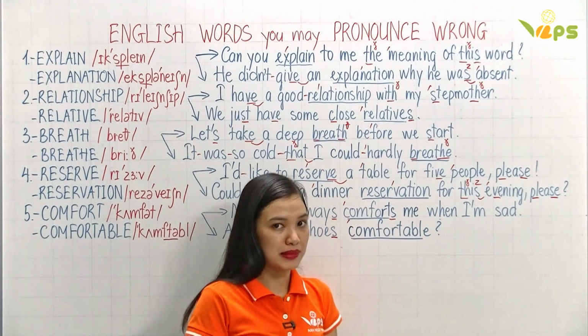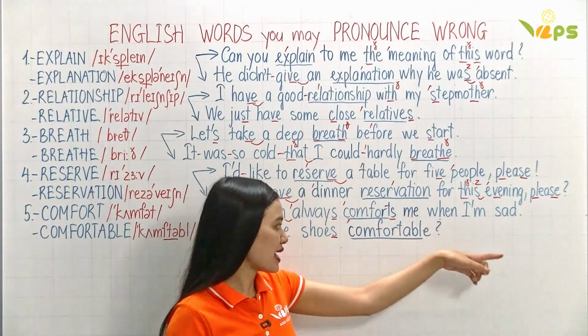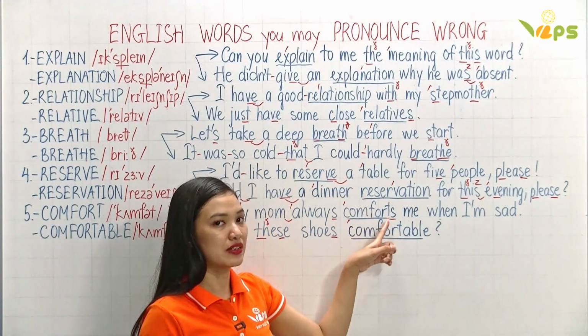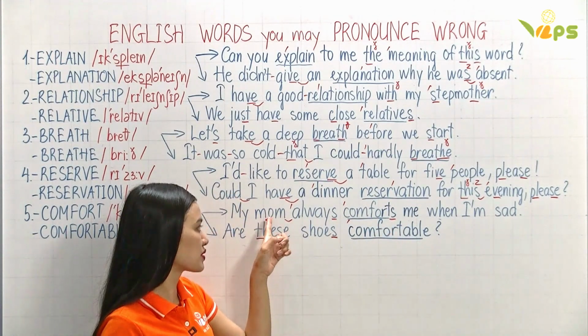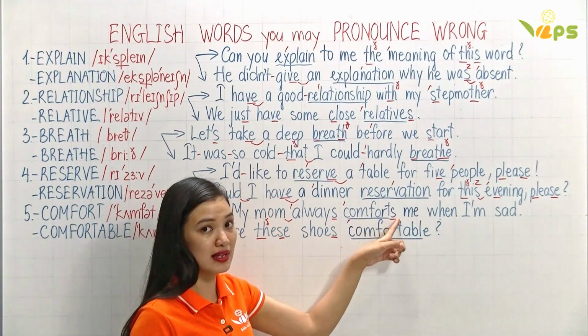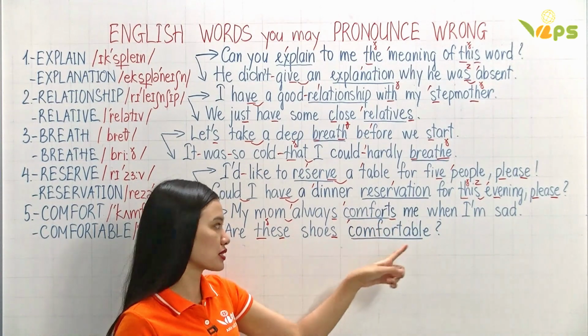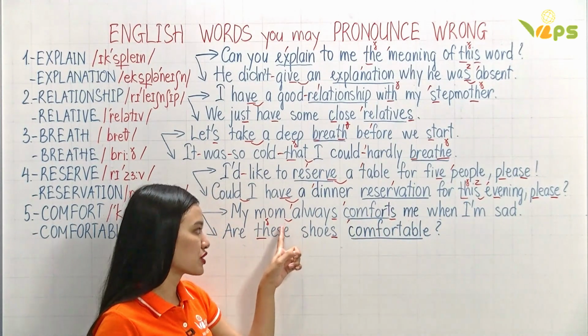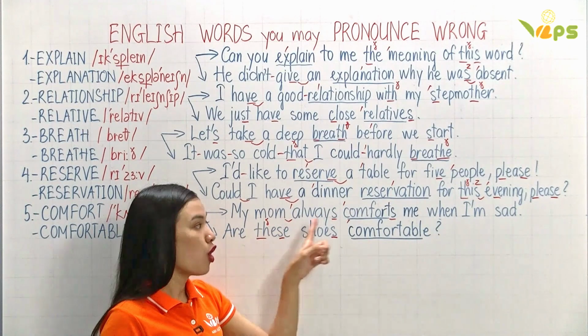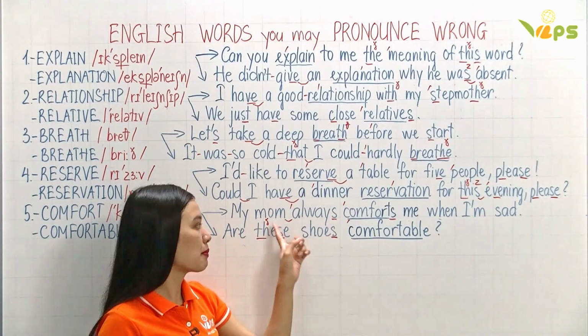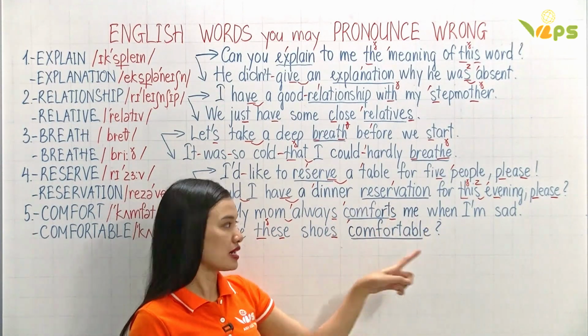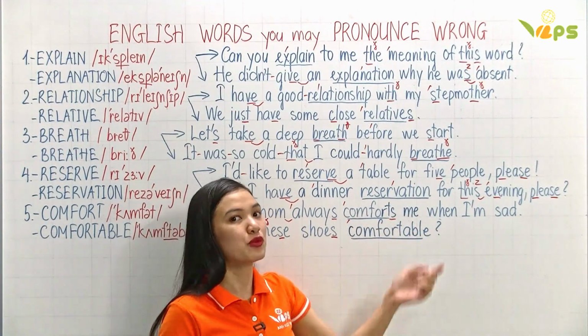I'm sad, that means I'm unhappy. Comforts, because my mom is a singular noun, you have to add s after the verb. My mom always comforts me when I'm sad.